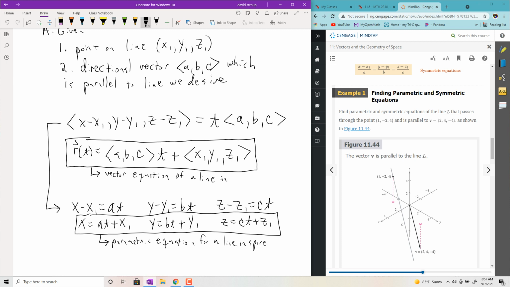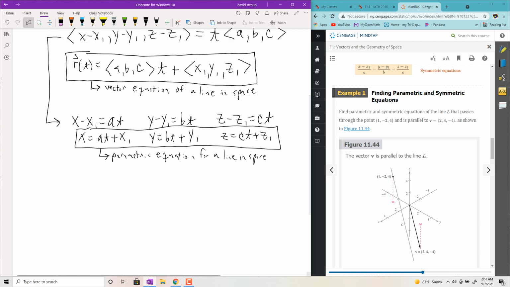So this is in space. And then from the parametric equations, you get the symmetric equations, by solving for t. So from the first equation, at equals x minus x1. You just divide both sides by a. So you get t equals x minus x1 all over a.